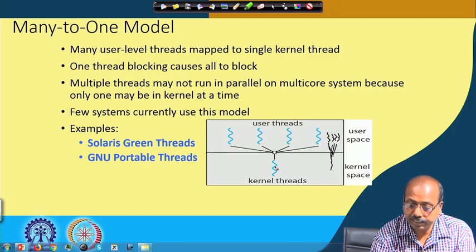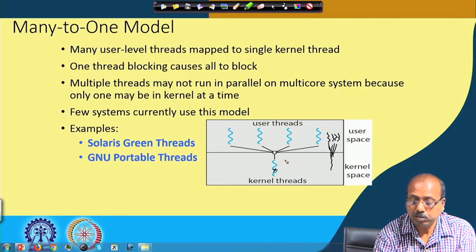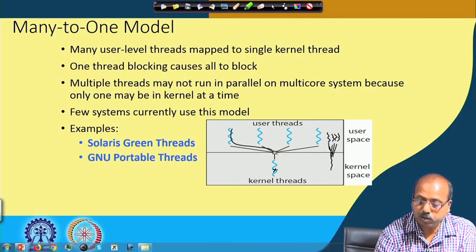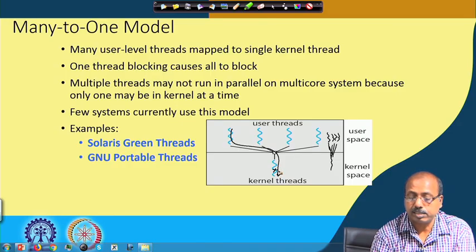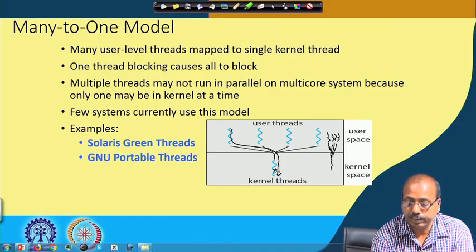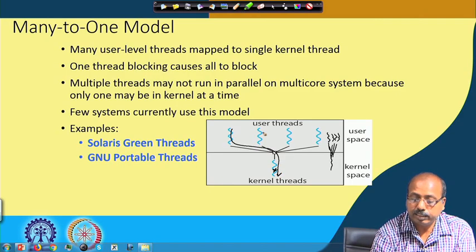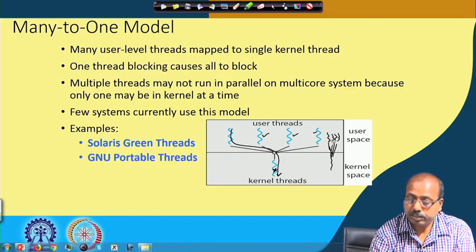If this thread is blocked somehow, maybe it has made a system call and was being executed by this kernel thread, and it got blocked, then these other threads will also get blocked because they cannot make any system call. Of course, the other group does not suffer because of this.